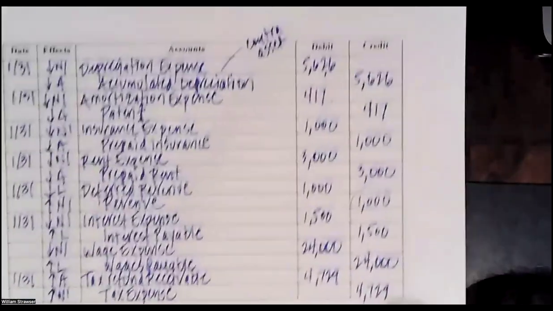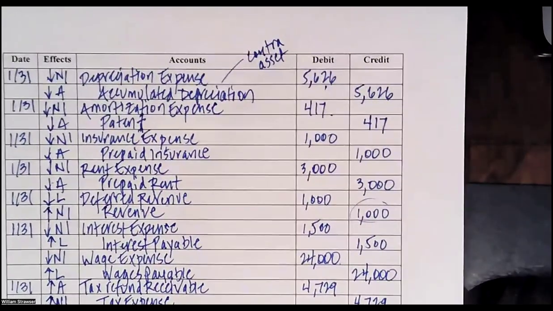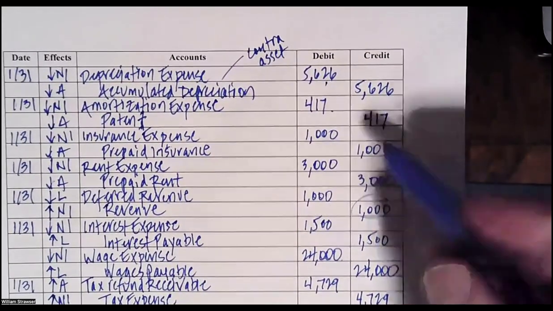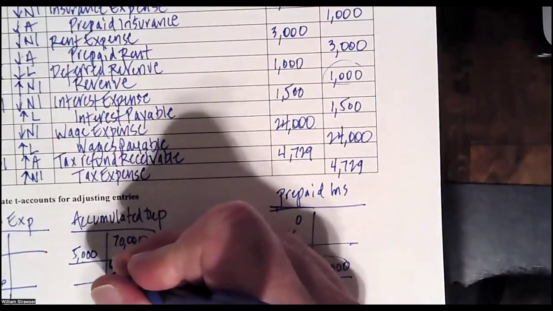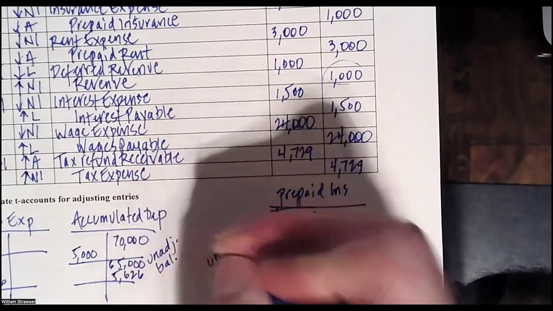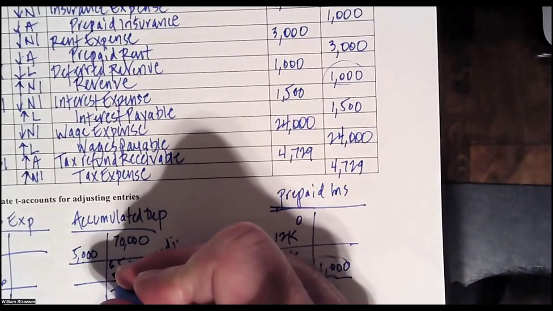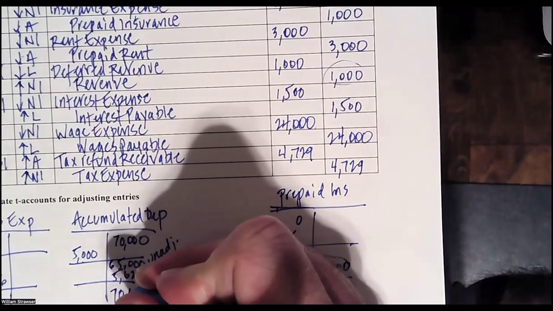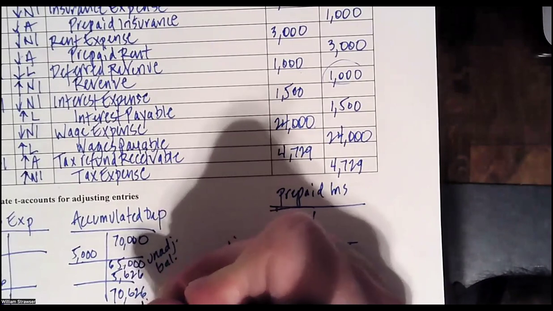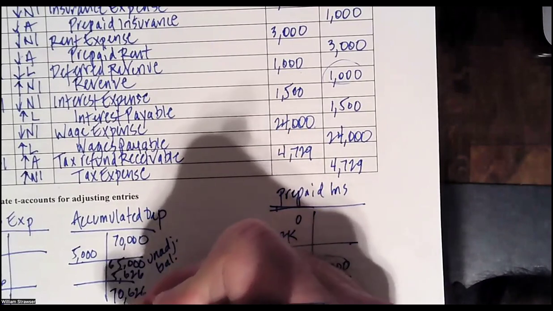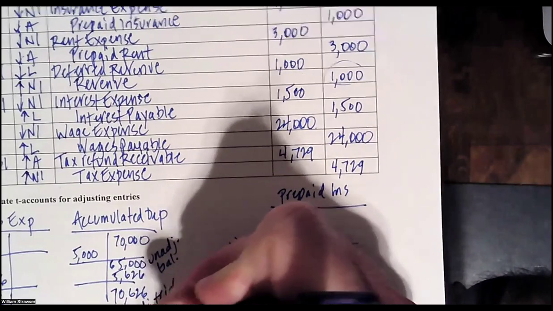But then I have my adjusting entry that I made, the very first one, crediting it for the same amount as the depreciation expense, 5,626. Altogether, then, we have $70,626, and this is my adjusted trial balance for accumulated depreciation.